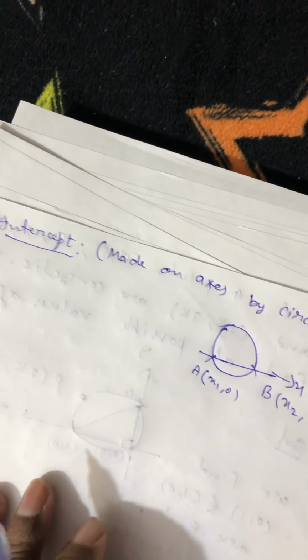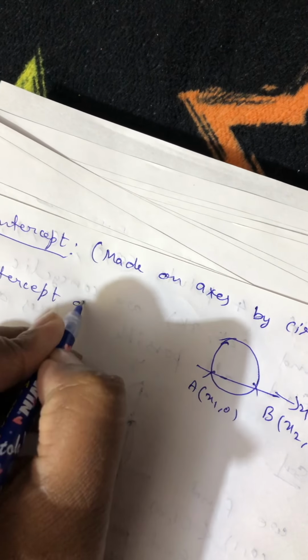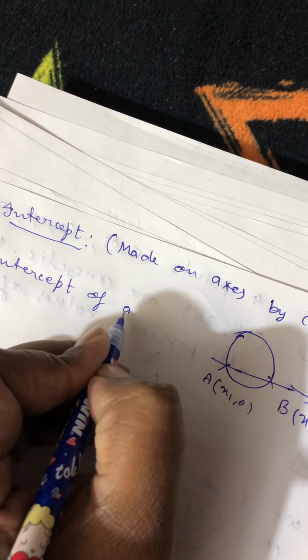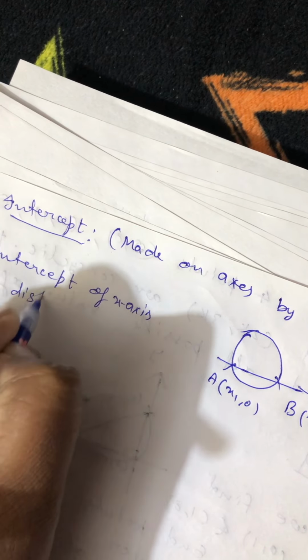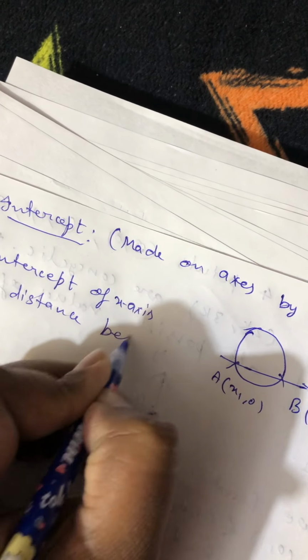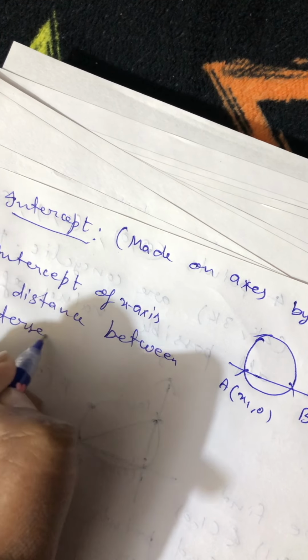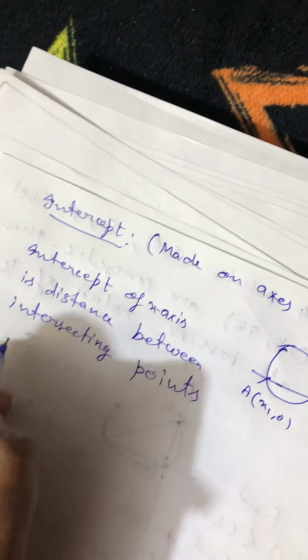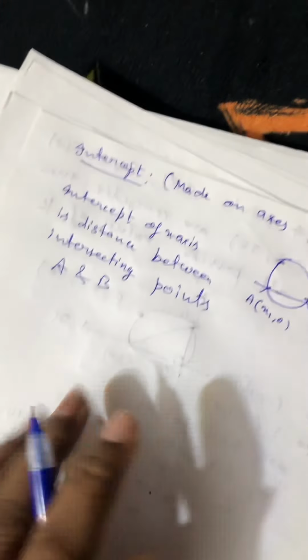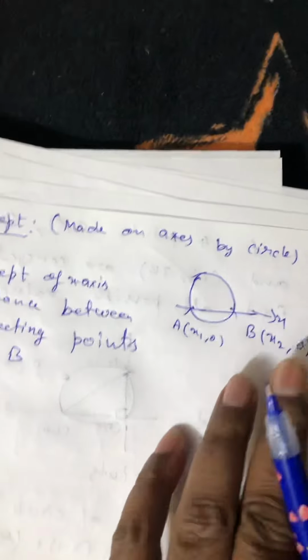So the intercept on an axis, suppose the x-axis, is the distance between the intersecting points A and B. Similarly for the y-axis. First we start with the x-axis.